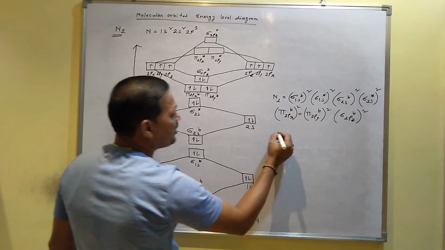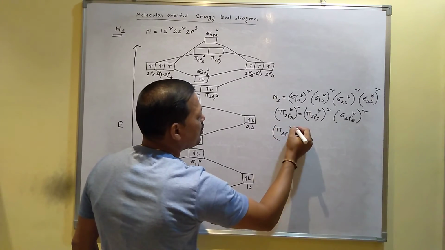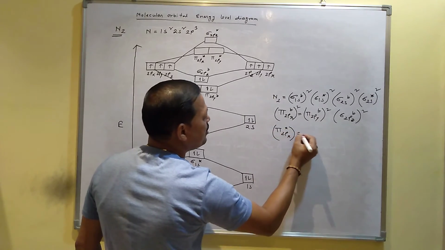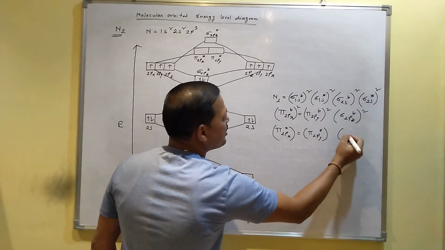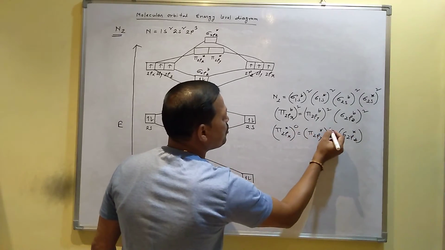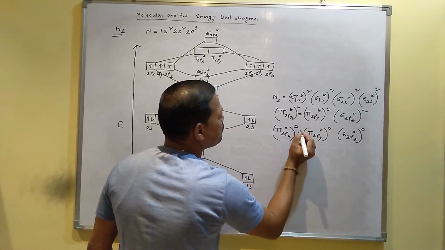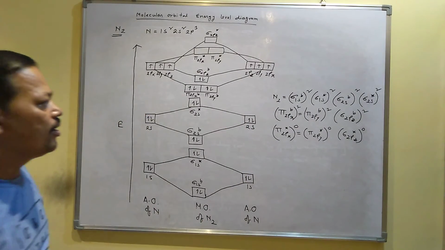After that the anti-bonding orbitals have no electrons. This is pi star 2px, this is pi star 2py, and this is sigma star 2pz. They have no electrons, that's why you can write 0, 0, 0. So this is the electronic configuration of the nitrogen molecule.